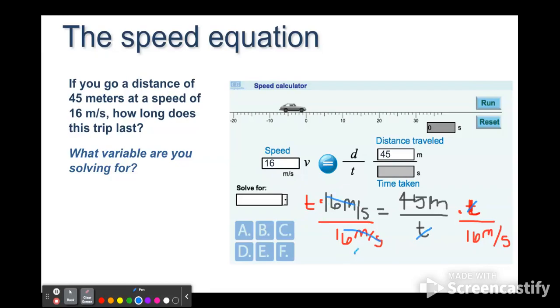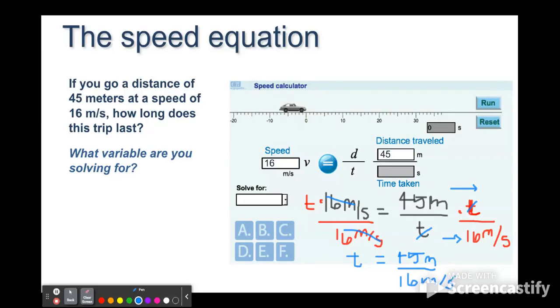And what I'm left with is t equals 45 meters. And because I can just multiply across, right, and multiply across, this becomes this fraction of 45 meters divided by 16 meters per second.